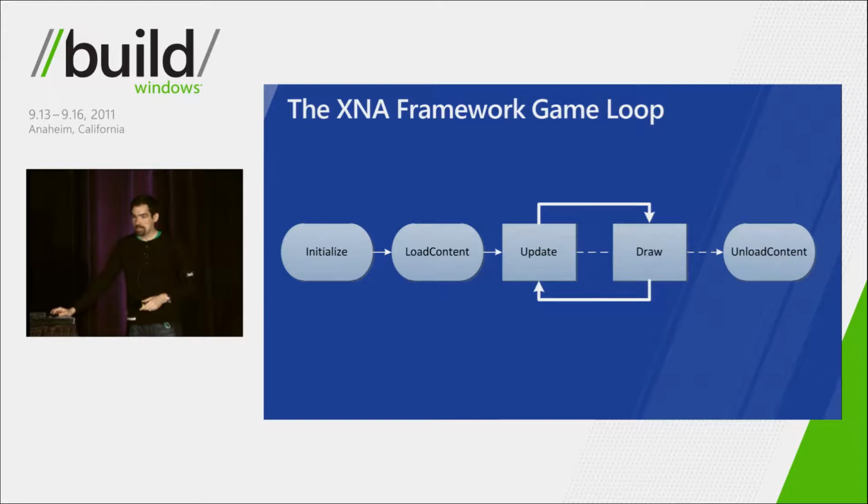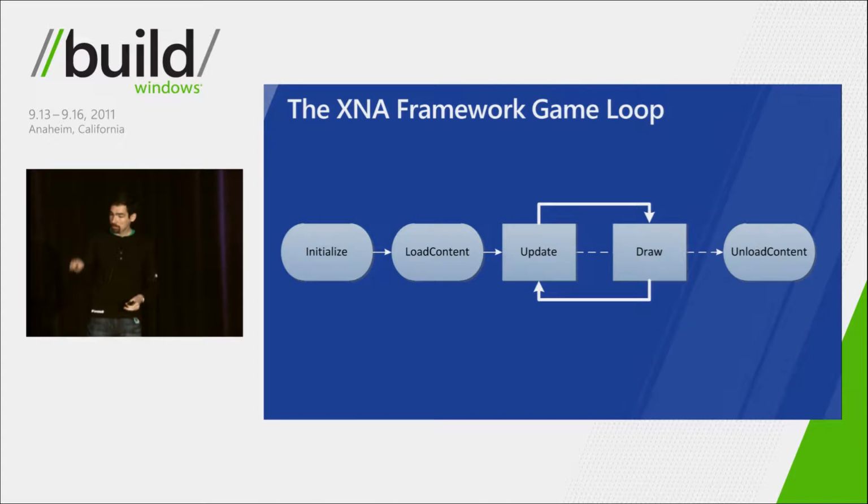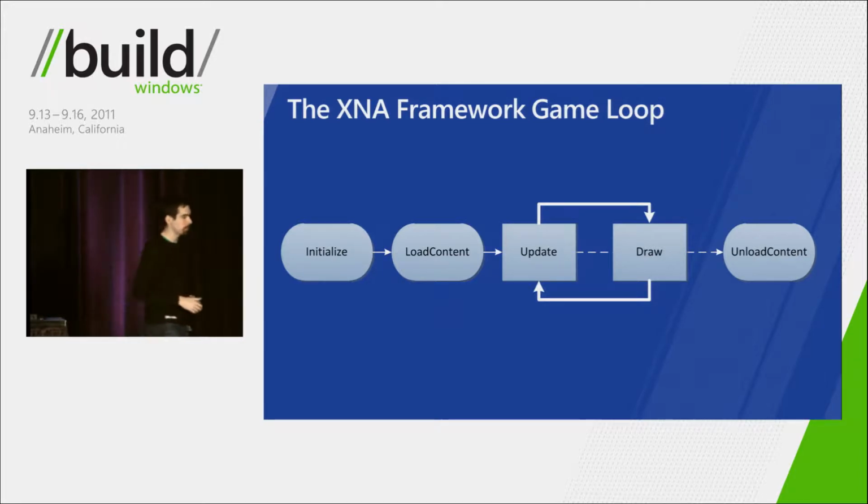If update takes too long, the draw call will be dropped in order to maintain update, and they will continue to run, again, at a target rate of 30 frames per second, and you simply plug in your code. In update, you're going to plug in anything that's non-drawing related. If you're going to be moving objects around, collision, AI, networking, pathfinding, input, that all goes in update.